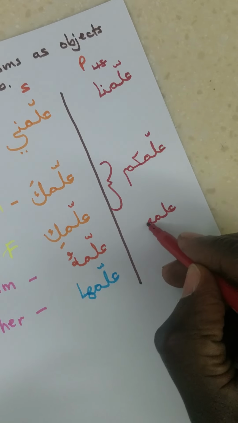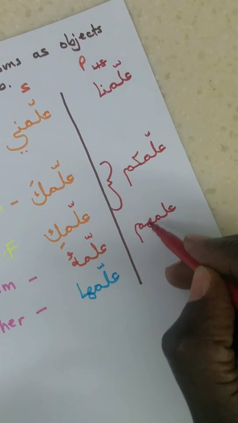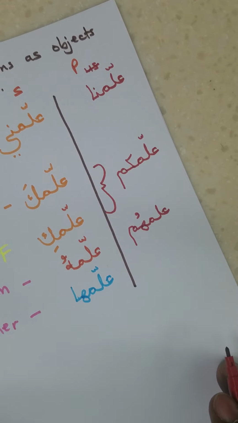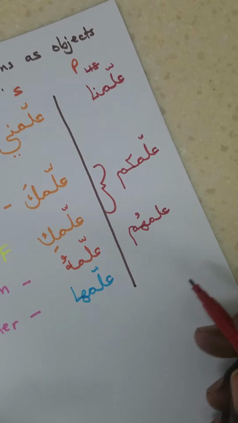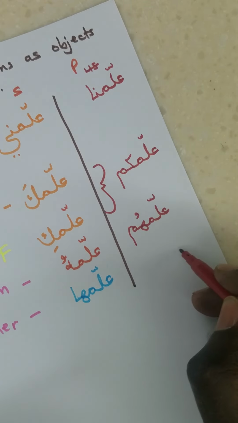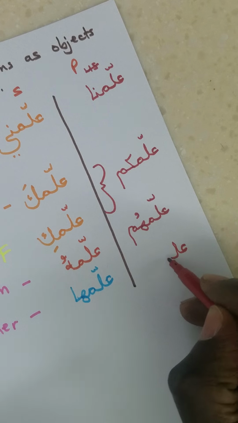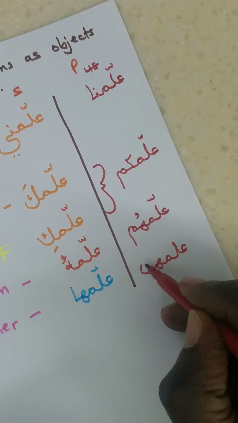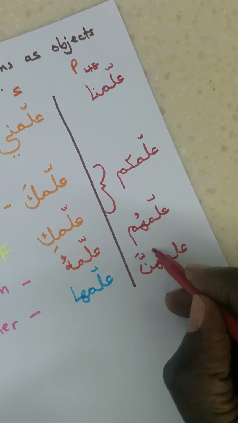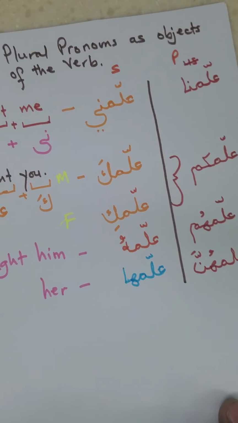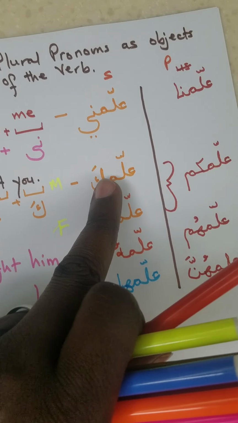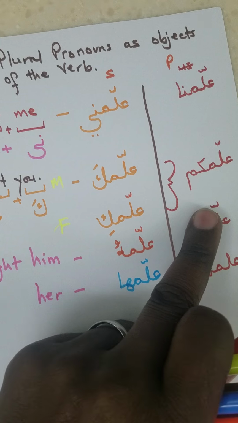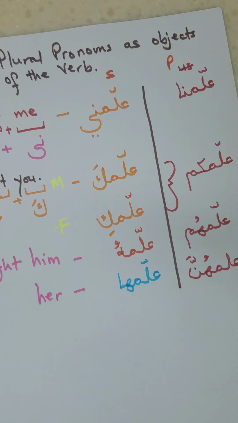And for her will be allamahunna. So here it was the singular, and now this is how the plural looks like.